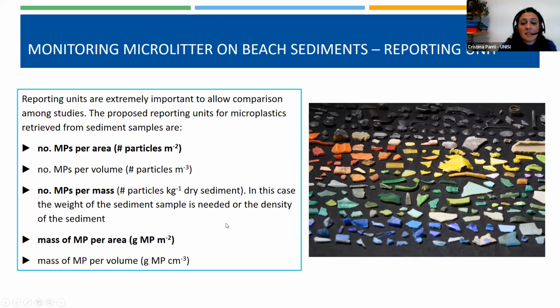Regarding the reporting units, they are very important to allow proper comparison among different surveys. The most accepted reporting units are the number of microplastics per area, where you calculate your area in square meters, the microplastics per volume, the microplastics per mass, because you need to weigh the dry sediment that you collect, and the mass of microplastics per area.